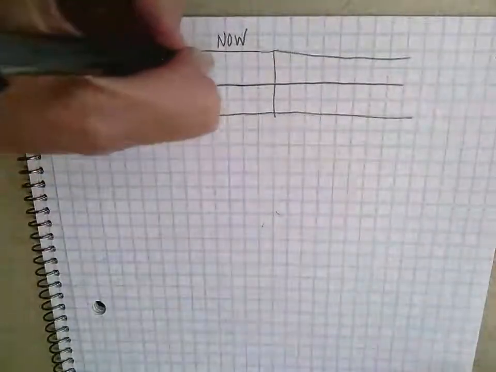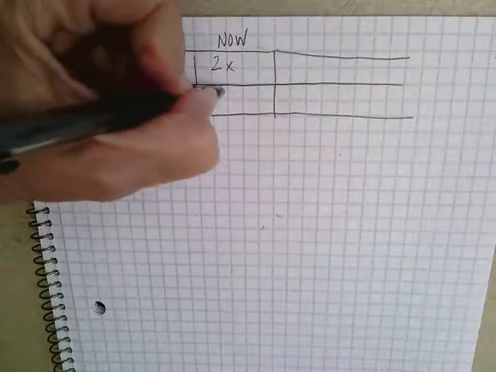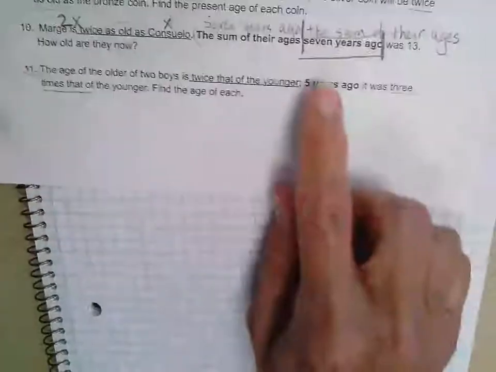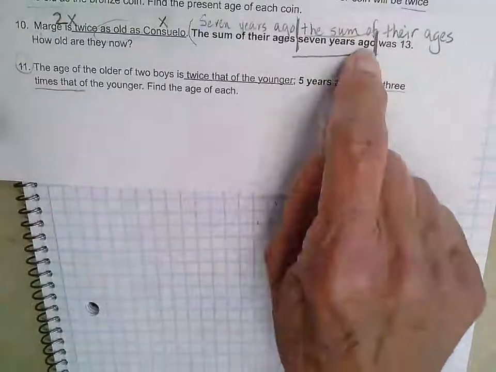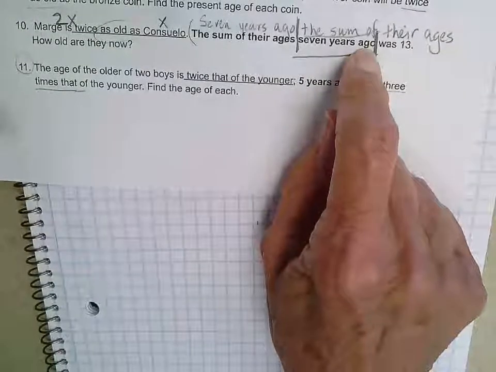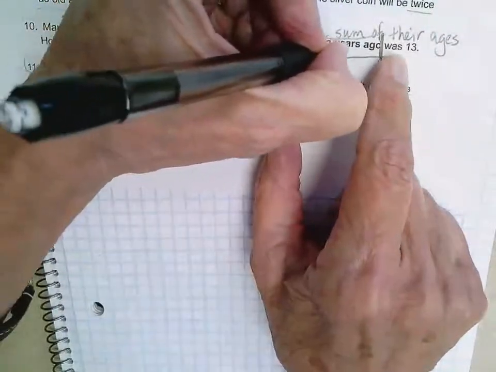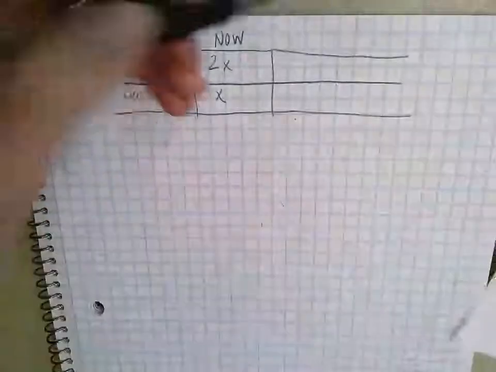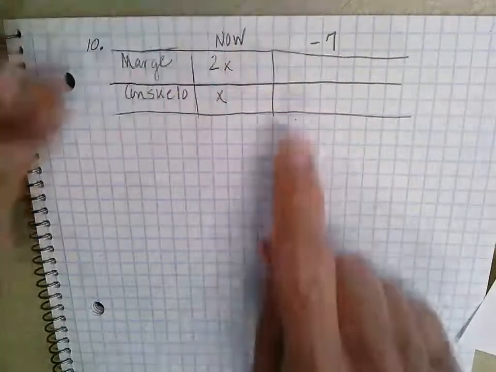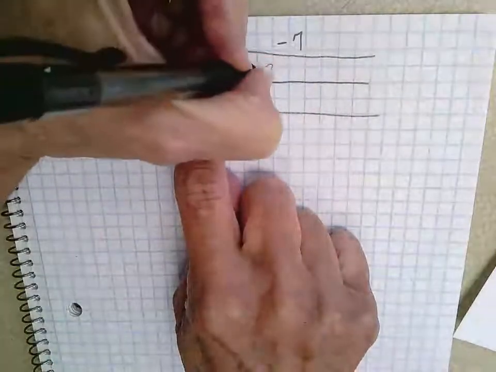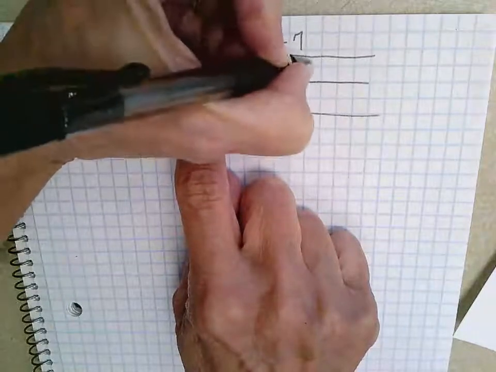So we decided here that Consuelo is X and Marge is twice X. So Marge is 2X and Consuelo is X. And the important words, 7 years ago. So this is going in the past. This is indicating to us subtraction. So we are going to go backwards in time, and we're going to take the age that they are now and subtract 7.